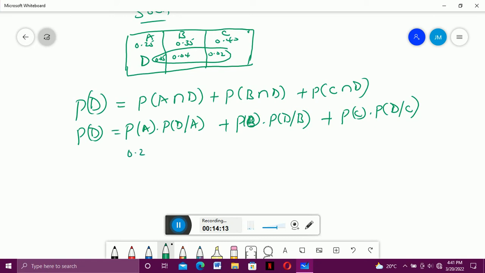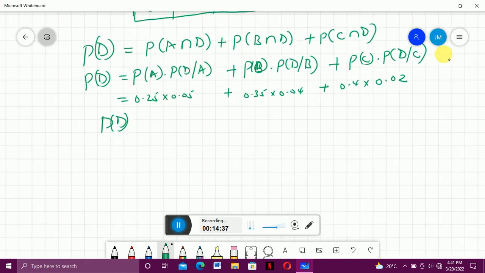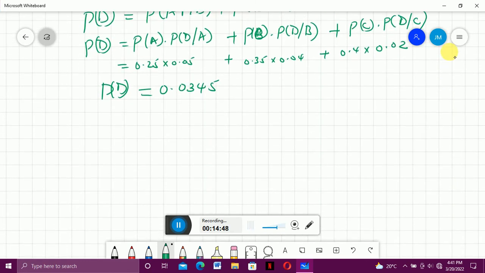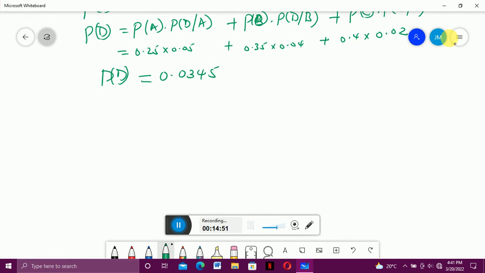So this is 0.25 times 0.05, plus 0.35 times 0.04, plus 0.4 times 0.02. When you work that out, you find that the probability of getting a defective bolt is 0.0345.